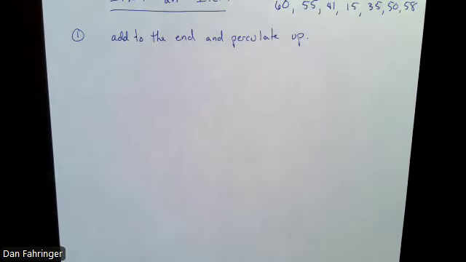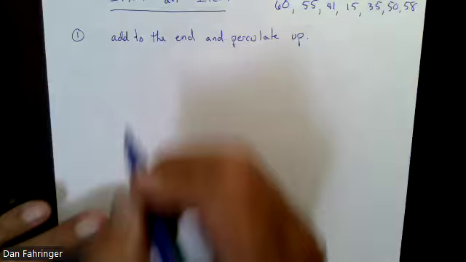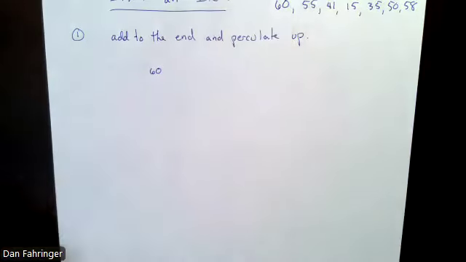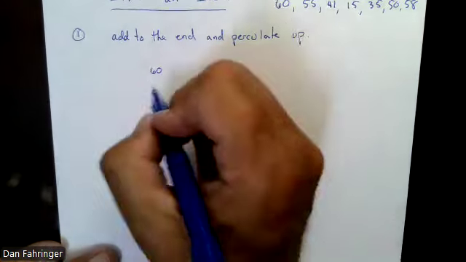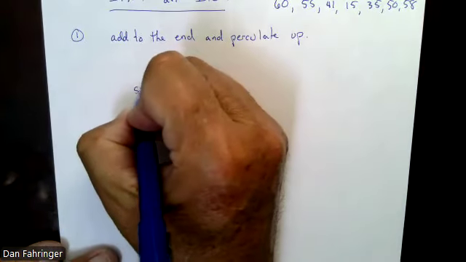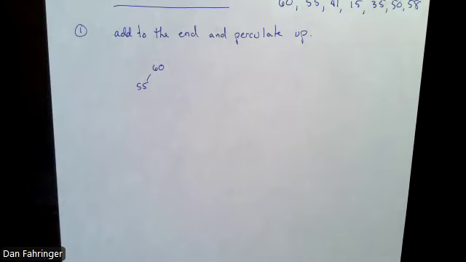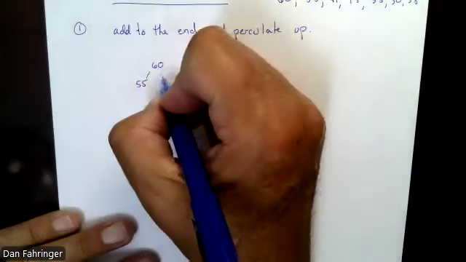Okay, add to the end and percolate up. First number 60. Well, that's going to be up there at the top. Nothing really exciting happens. 55. Do I need to percolate up? No, we're still good. We're complete, and the parent is greater than the child. 41.